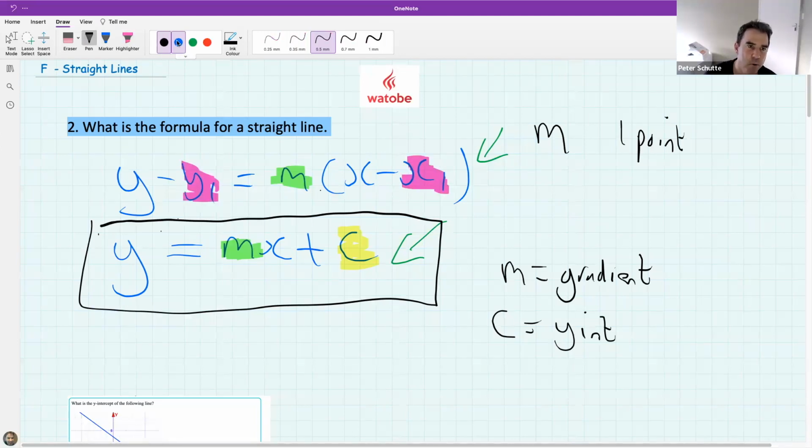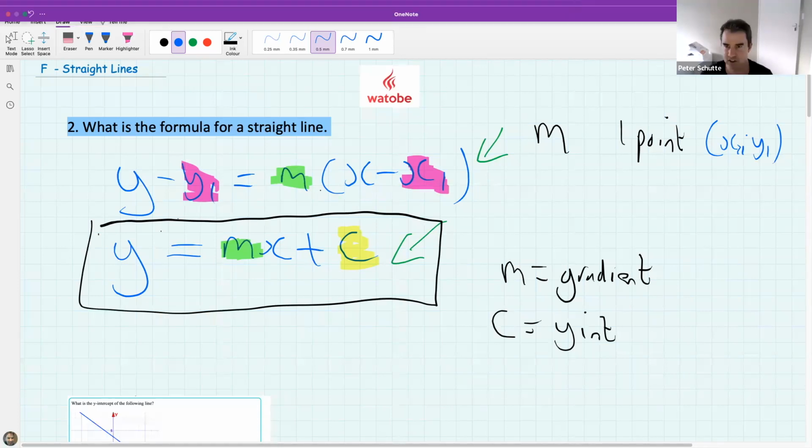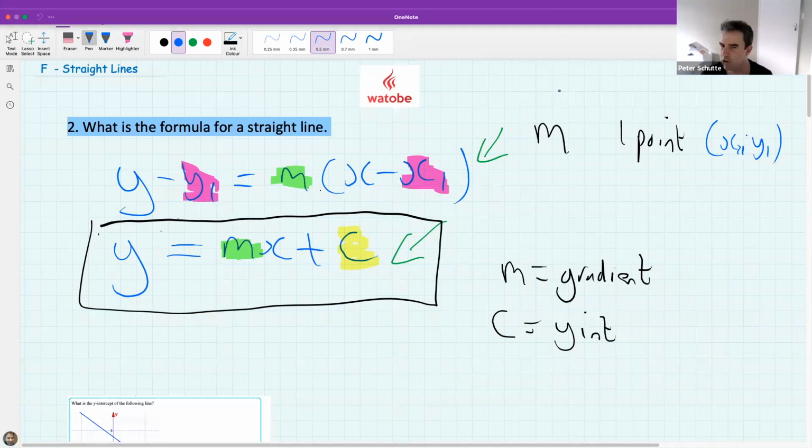That is a point that is on the line. And so if you have a point on the straight line, you can use that point using the formula here to find the equation of the straight line. But the best way to do this is to practice.